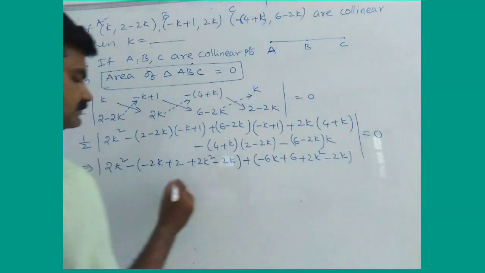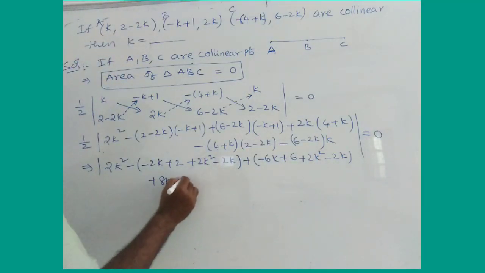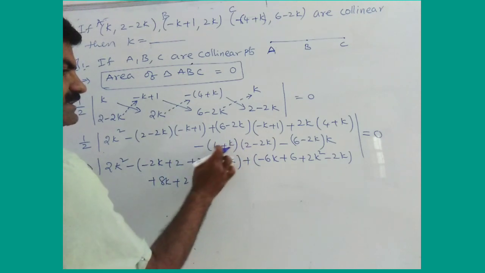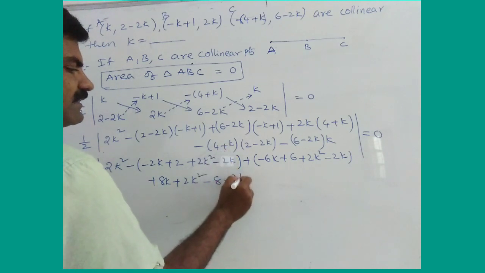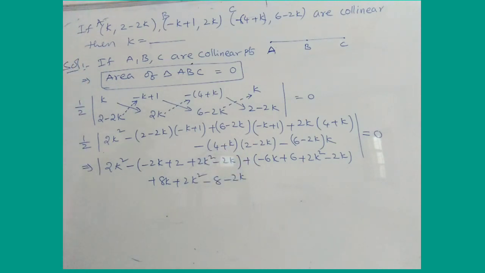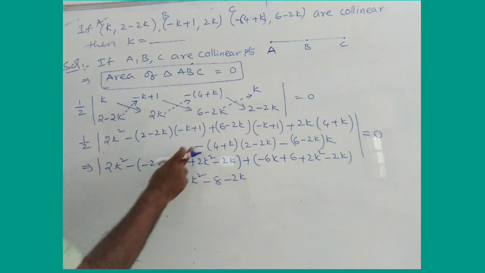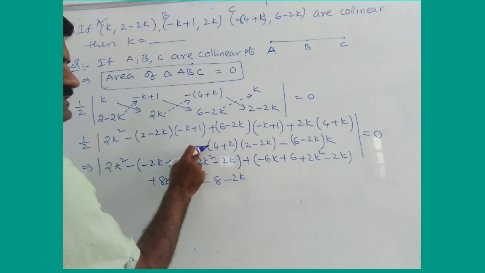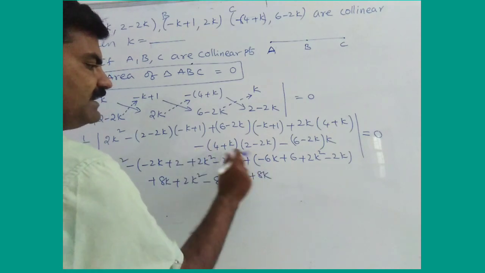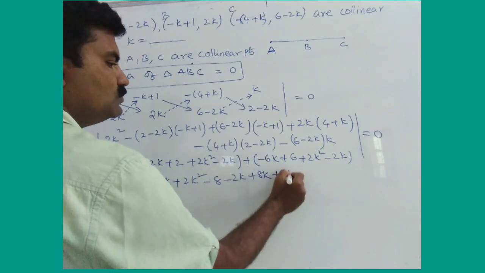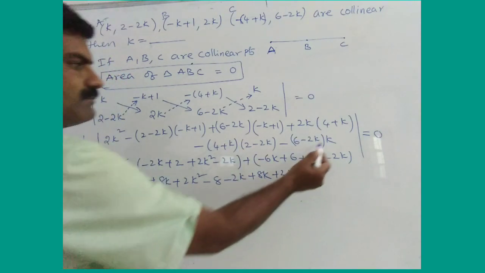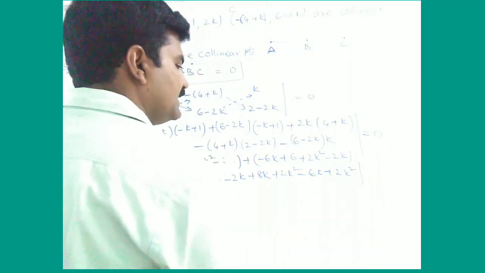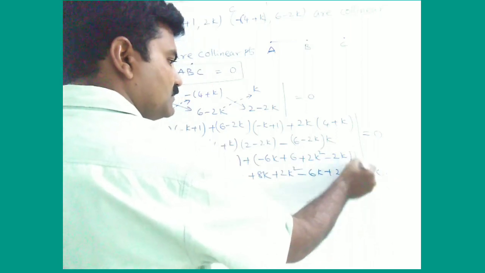Now this plus 8k plus 2k square, and this is minus 8 minus 2k. Because of the minus, this is actually minus 8k, but because there is a minus already, you can write plus 8k, and this is plus 2k square. And finally minus 6k plus 2k square, entirely modulus equals 0.